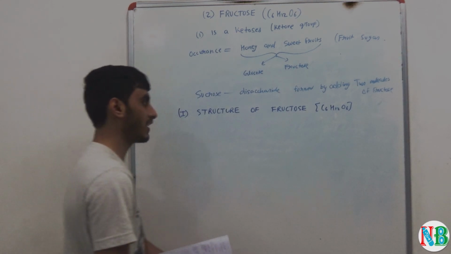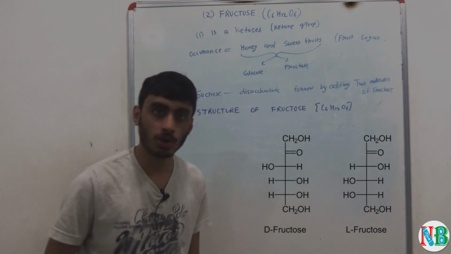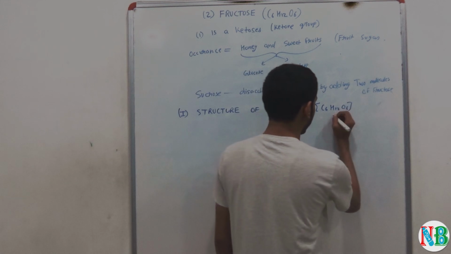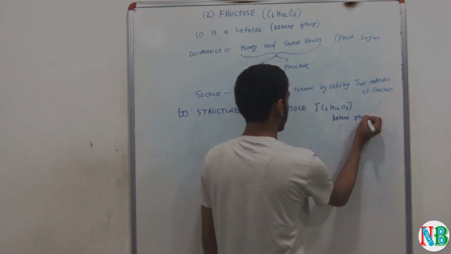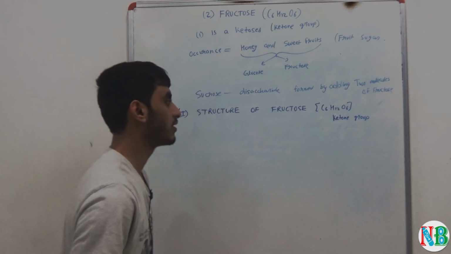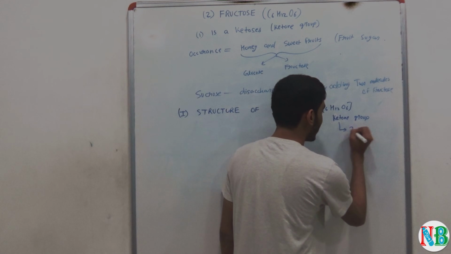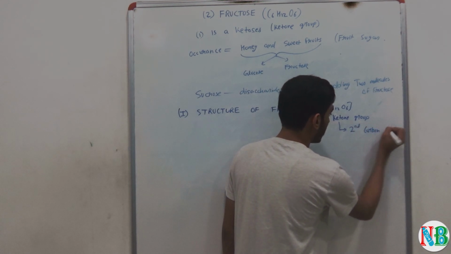Fructose contains 5 OH groups, 5 alcoholic groups, and 1 ketone group. The ketone group is on the second carbon atom.